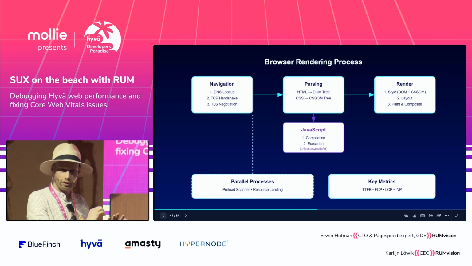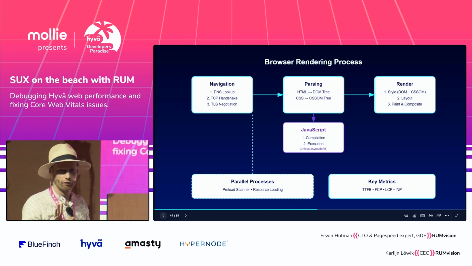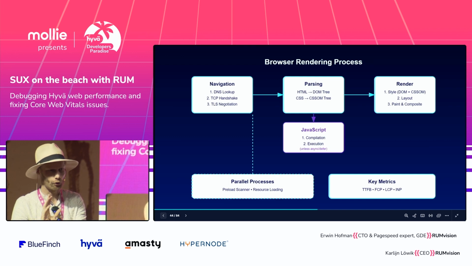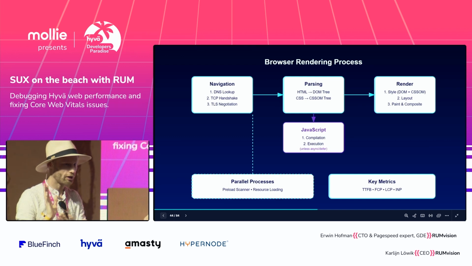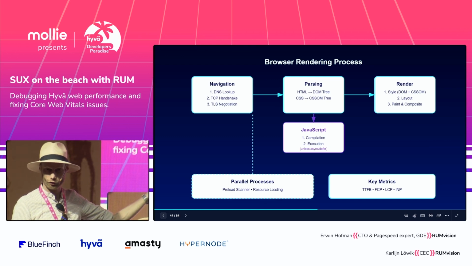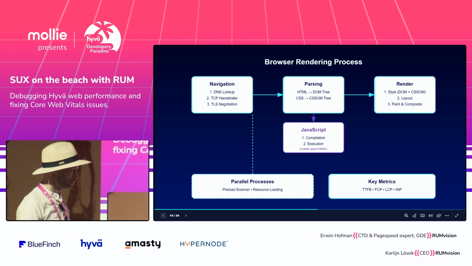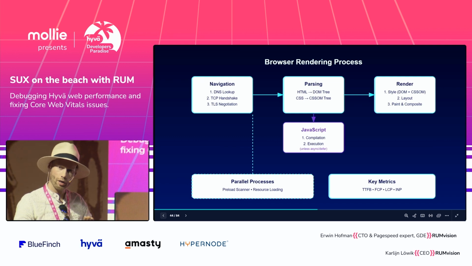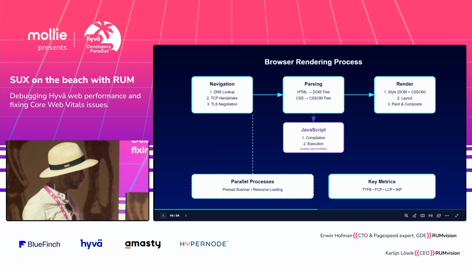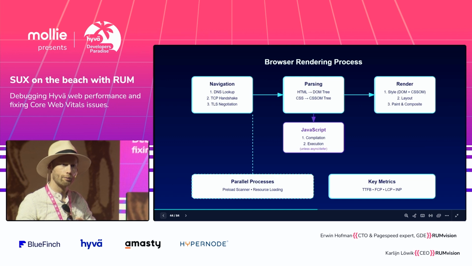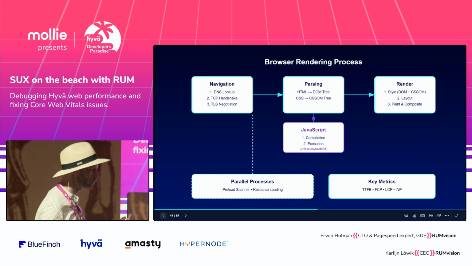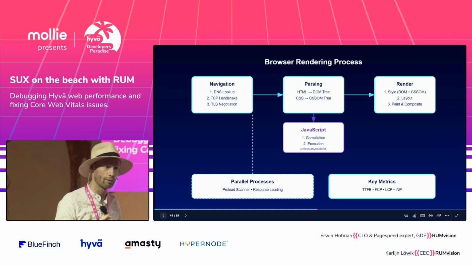So whenever the browser is busy doing JavaScript work, it cannot paint. Or whenever the browser is busy painting those pixels onto your screen, it cannot parse or execute any JavaScript. So I might dive into this a bit later as well. But I would say those are the most important parts. And once knowing that, it becomes a bit easier to grasp the concept of web performance and also debug maybe.